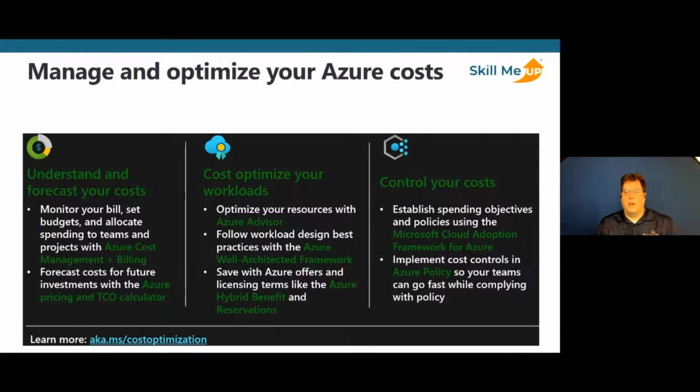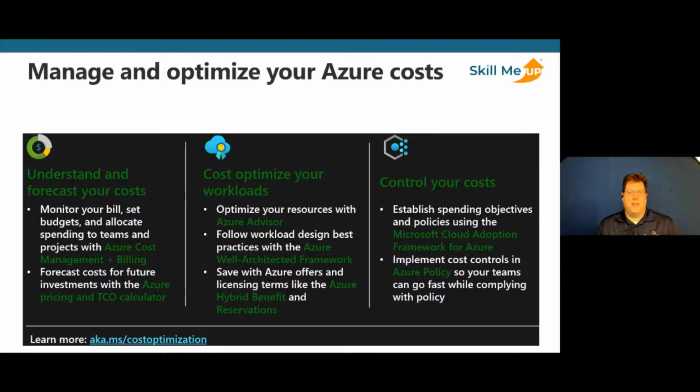And we'll talk about a couple of those tools. Obviously, we went through one in terms of the well-architected framework assessment. We can look at what we're utilizing within there for that. We're going to talk in a few slides about Azure Advisor. Azure Policy is another tool that can help us control our costs and put things in place.